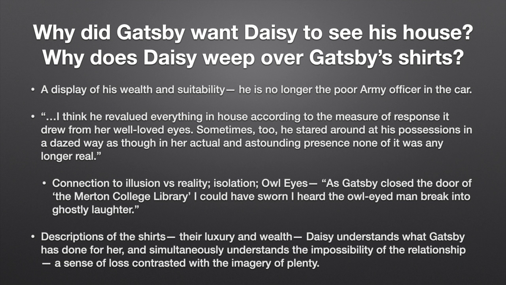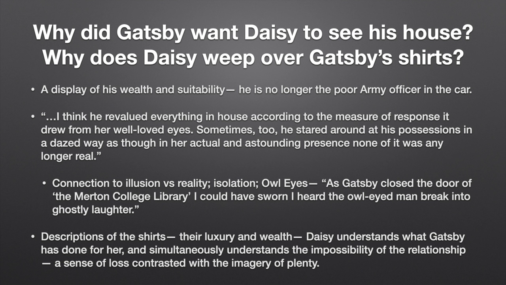That he has created himself, that he has created this world, that he's created this wealth just in service of getting back to her. And so she understands this, but at the same time, she also understands the impossibility of the relationship that she's being asked to engage in, right?